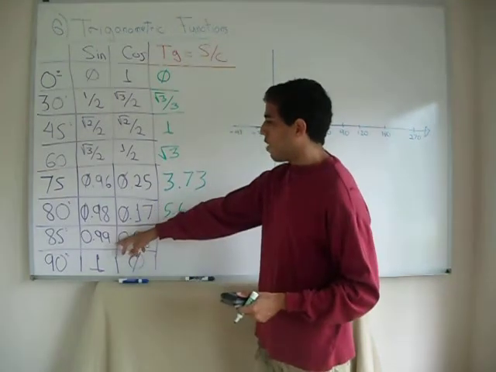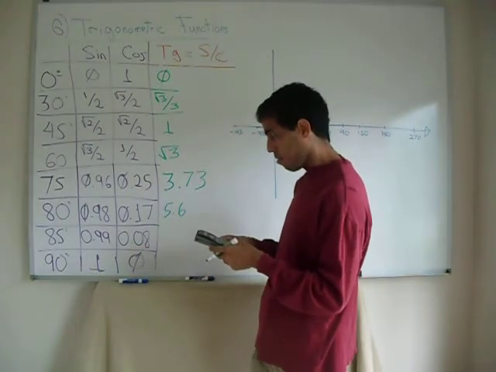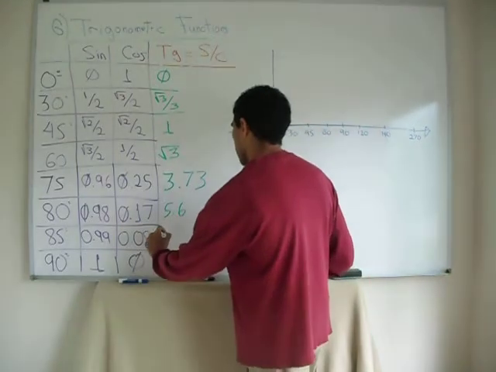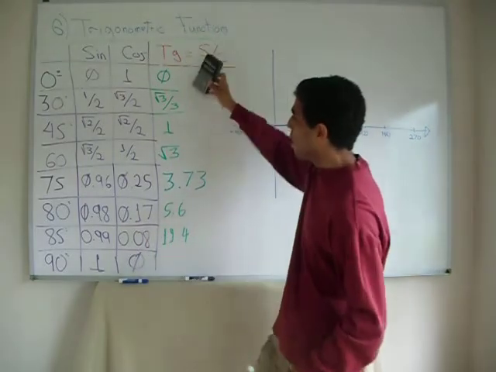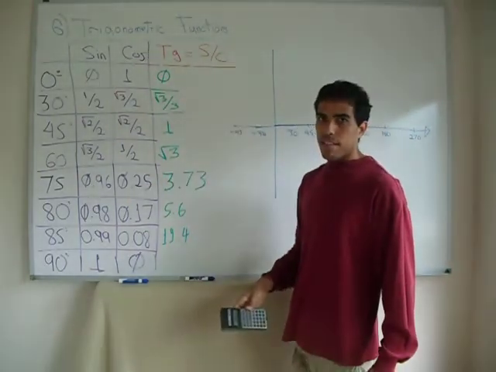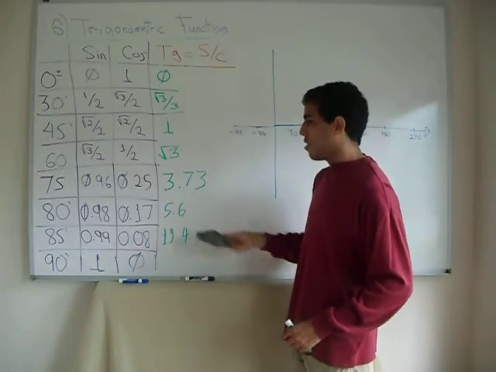Let's say 85, 0.99 over 0.08. Oh. Tangent of that is 11. And so on. You can see that the value of tangent increases if the angle increases. Okay? If x, the angle alpha, increases, tangent increases.